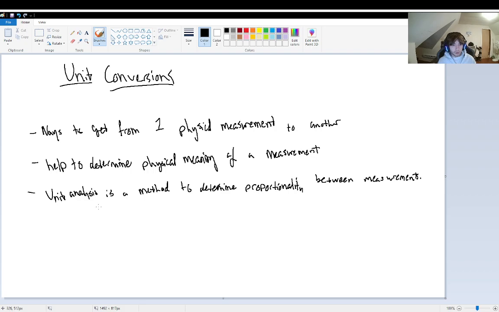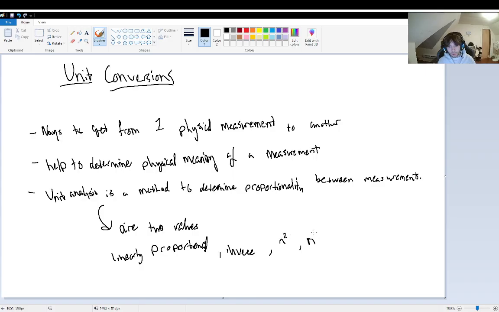And what I mean by this is: are two values proportional linearly, inverse, square root, etc.?